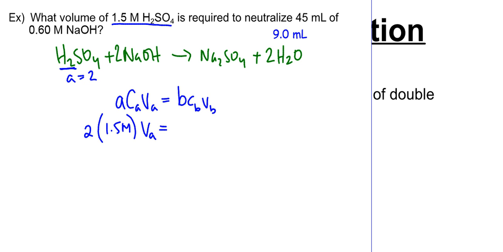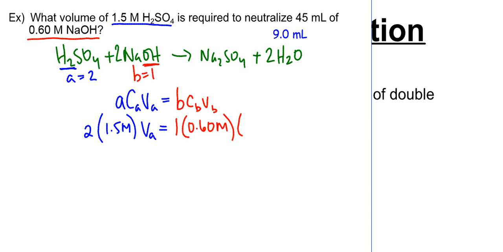Now if I look at my base, I'm just going to color code this a little bit for you guys. Hopefully that'll help you. My B value here is 1 because I have 1 hydroxide ion in every sodium hydroxide. So I get 1 times my concentration of my base, which is 0.06 molar from over here.